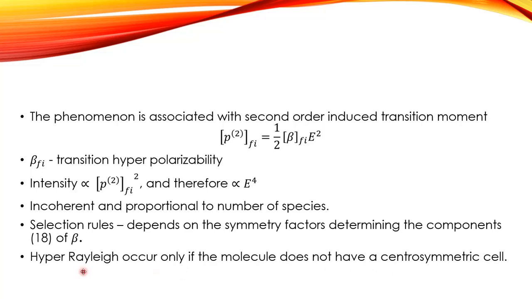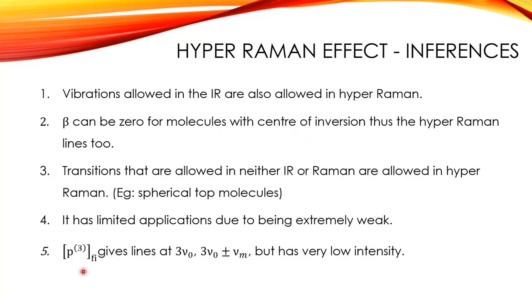Therefore, we can use hyper-Raman to actually find the molecules or give a trace of the molecules with a centrosymmetric cell. And these are certain inferences of hyper-Raman effect. That is, vibrations allowed in infrared are also allowed in hyper-Raman scattering.